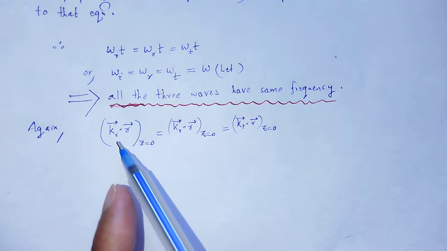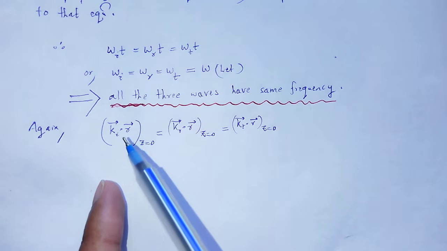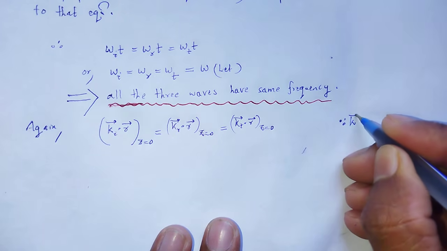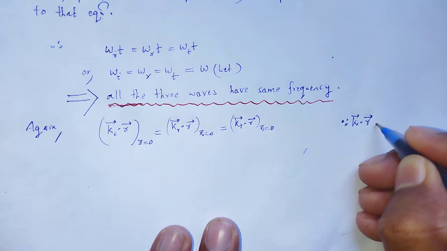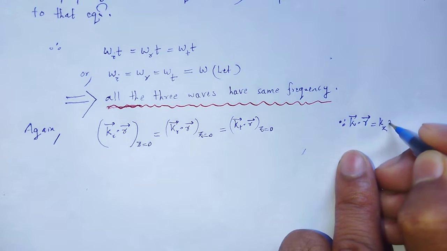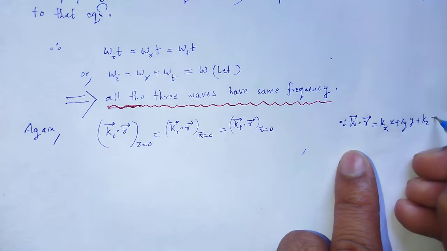So, what is k vector dot product with r vector? As we say, k vector when dot product with r vector, we obtain kx x, ky y, kz z.